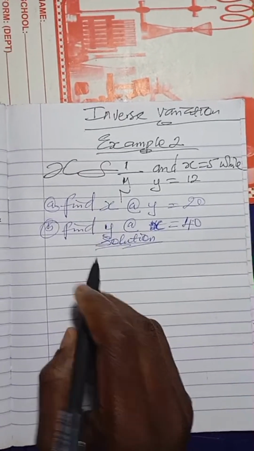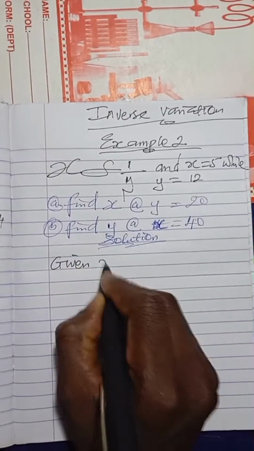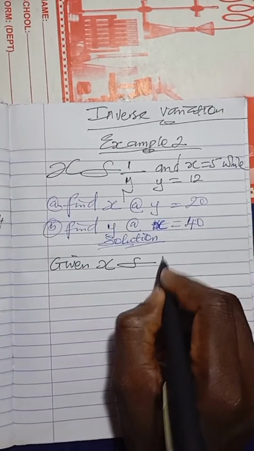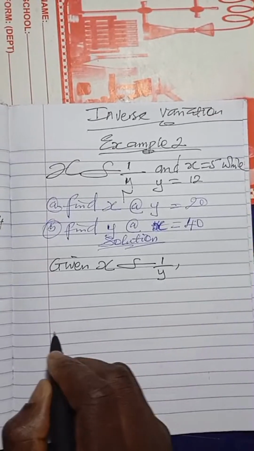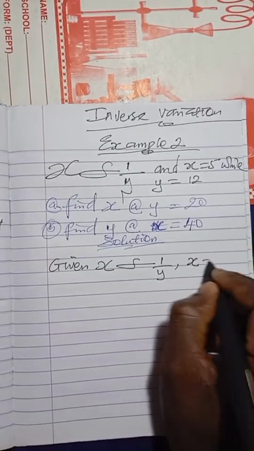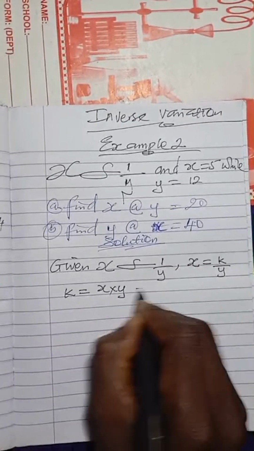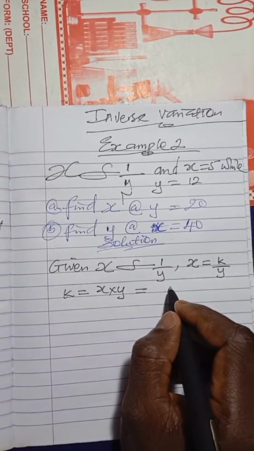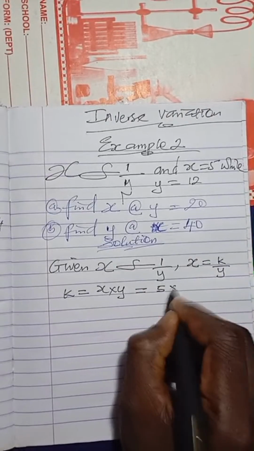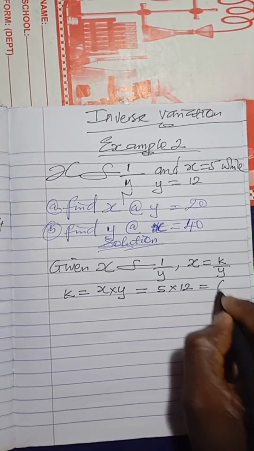Alright, solution. Given x varies inversely as 1 over y, x will be equal to k over y, so that k will now be x multiplied by y. This will give us 5 multiplied by 12, which is 60.